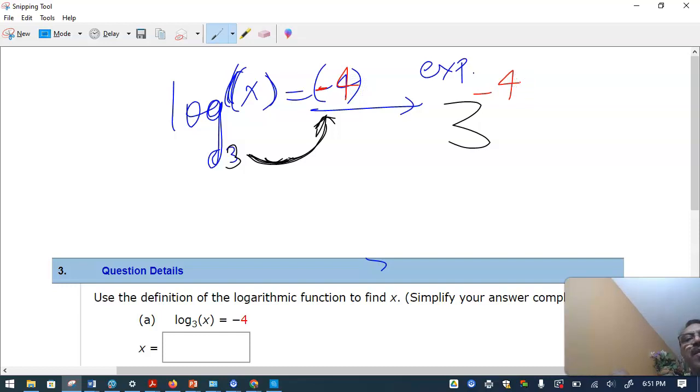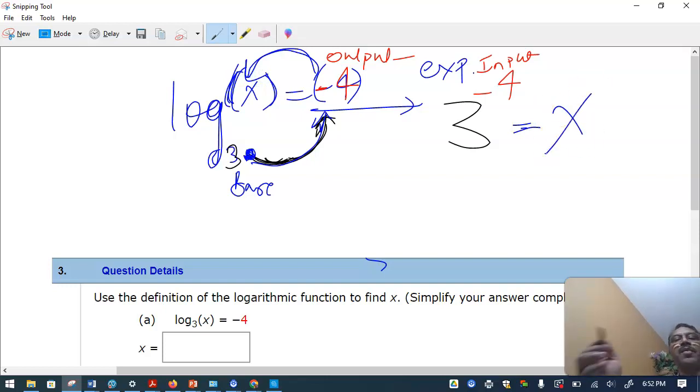See, so this output that you see here goes as the input here. So please remember. And the answer now is x. See how you go? You start from the base, push this up, and whatever you get is x. So that's all it is, x. That's all you're supposed to figure out.